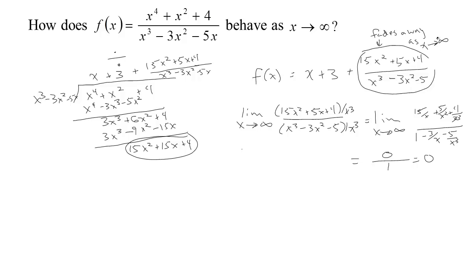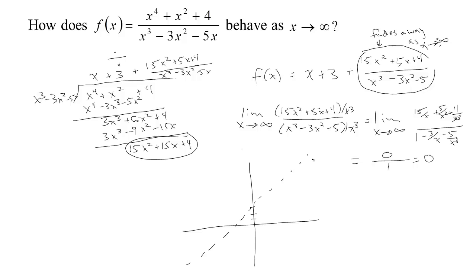It actually fades away whether x goes to plus or minus infinity. So that means when we look at this function, in the long run, when x is really large, this term will be insignificant, and we'll have basically the function approaching this line x plus 3 as x goes to infinity.